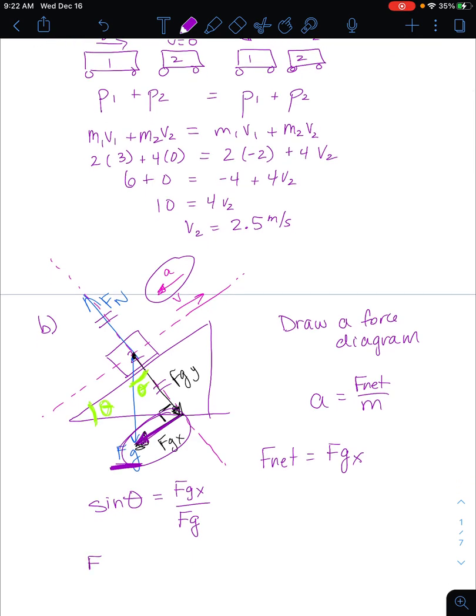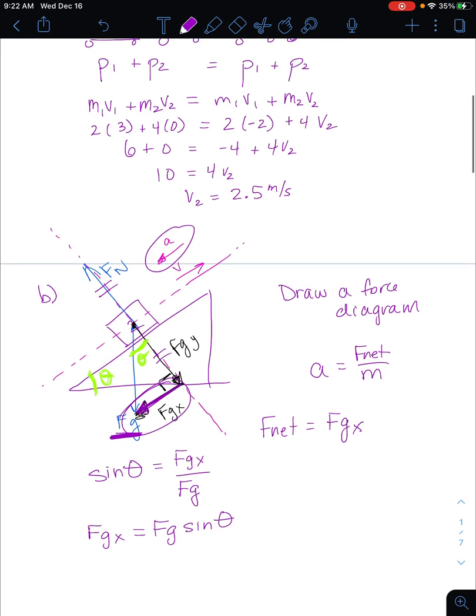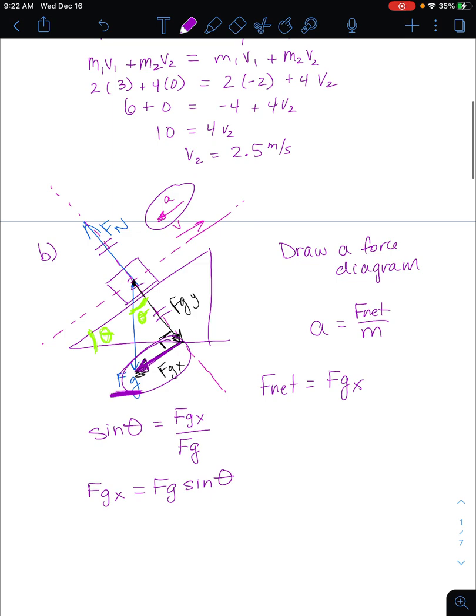And so it turns out that my FGX will be solved for by doing FG times the sine of theta. And so when I'm trying to solve for FG, I know that FG is equal to mg. And so FGX is really equal to mg times the sine of theta.